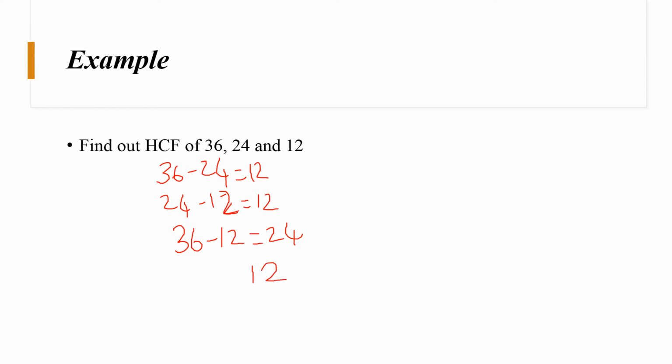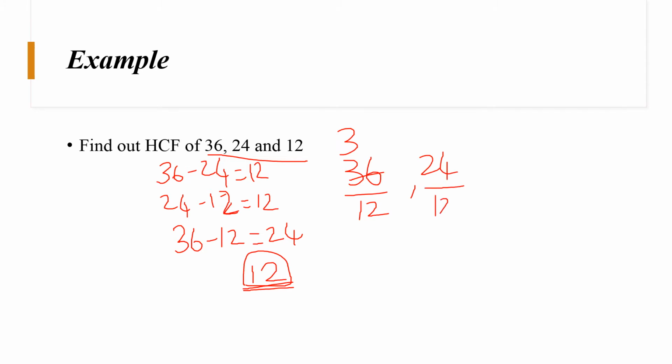Next, you have to divide this least difference with all the three numbers. If all the three numbers are completely divisible by this number, it means it is the HCF of these three numbers. First, you have to check whether this is completely divisible by 12 or not. 36 is completely divisible by 12 with 3 times, and 24 is also completely divisible by 12 with 2 times, and 12 is also divisible by 12 with 1 time.